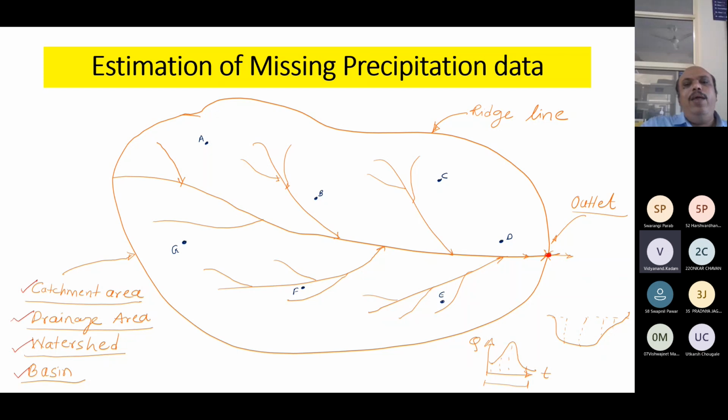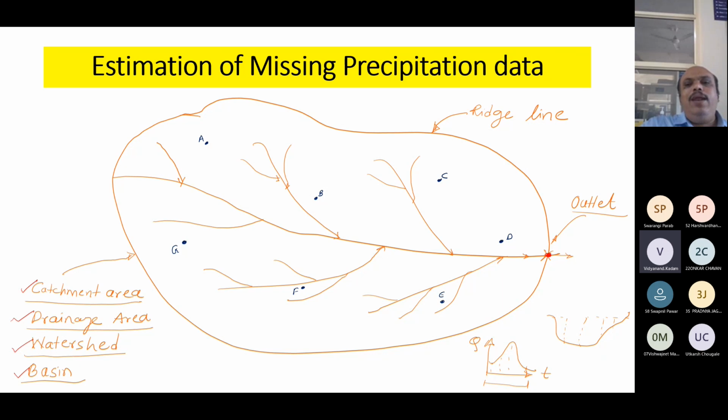So that is manually recorded in non-recording rain gauges. Suppose the attendant is not able to reach that place due to heavy rain or other reasons. In that case, the data is missing for that day, for that particular station.